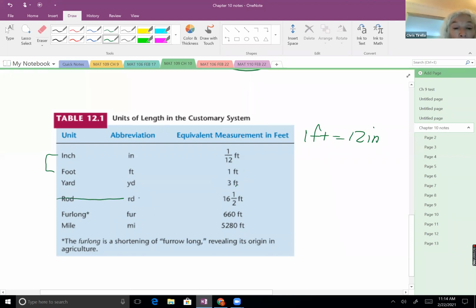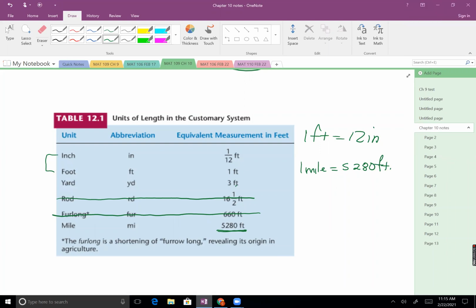I'm not going to hold you responsible for rods and furlongs because those aren't used very frequently, but I am going to hold you responsible for feet in a mile. Are you folks familiar with the fact that 1 mile is 5,280 feet? Is that a conversion fact that you know? Yes. Okay. Did I ever give you guys my silly way of remembering that?